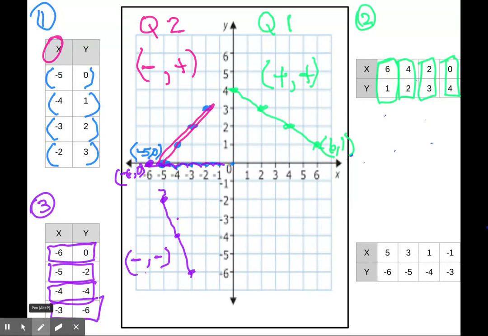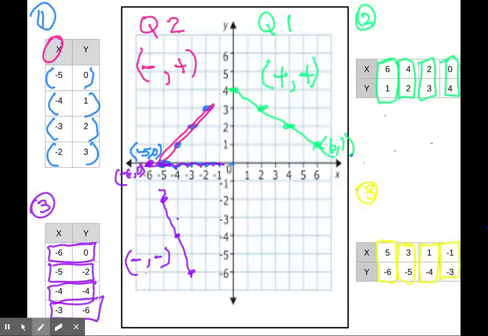All right, this last one here. Same kind of table as the one that's right above it. And we're going to go through and we're going to plot these points. This is number 3.